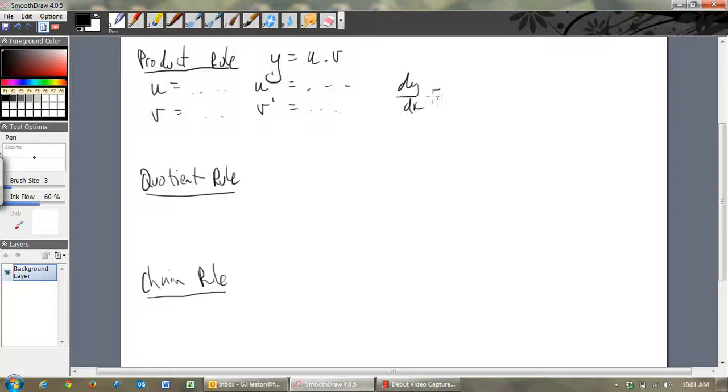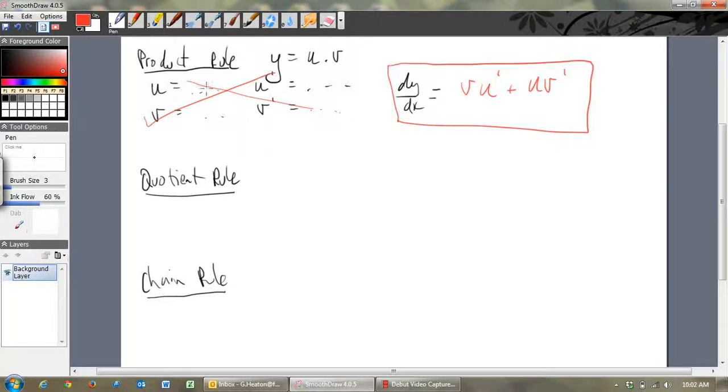And dy by dx will be equal to this one times this one, so v u dash, plus this one times this one, so u v dash. So that's the product rule there.